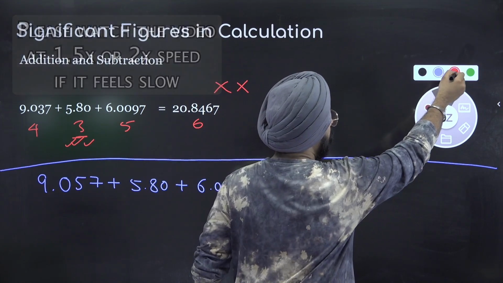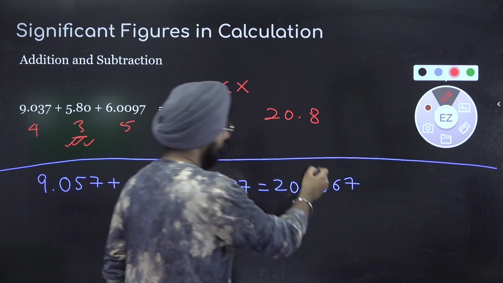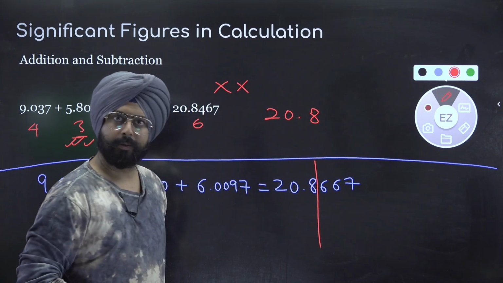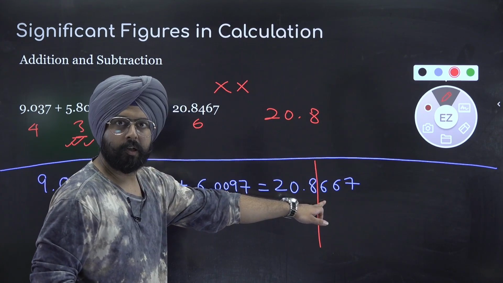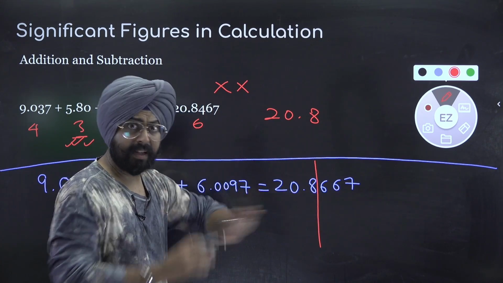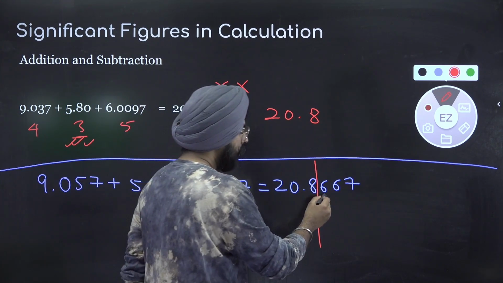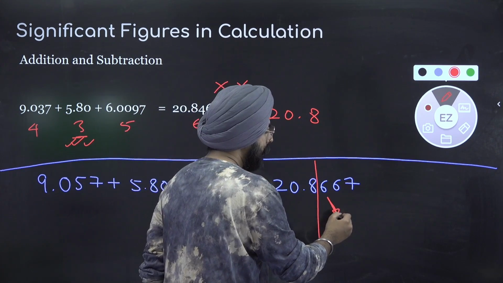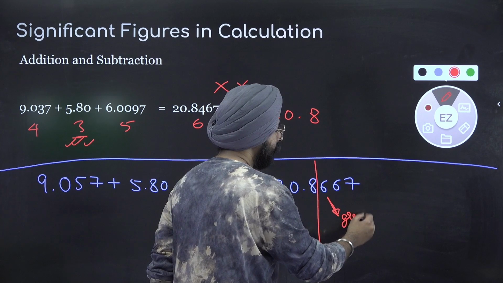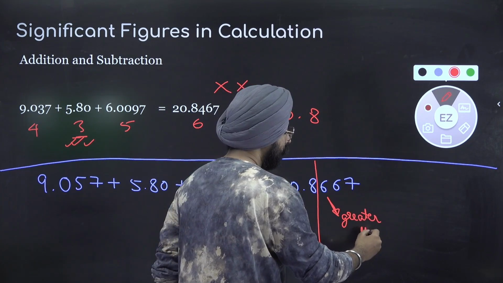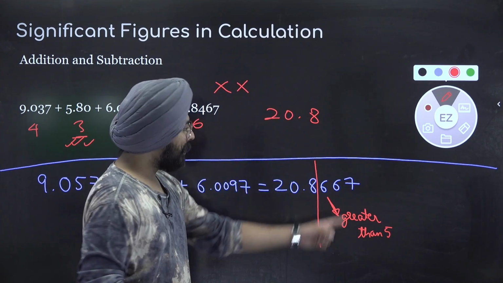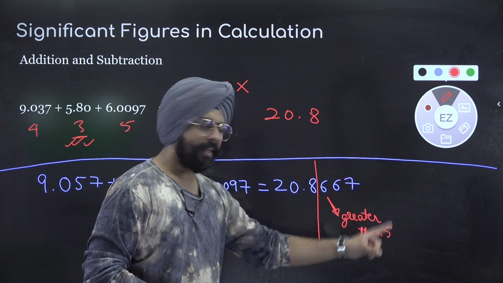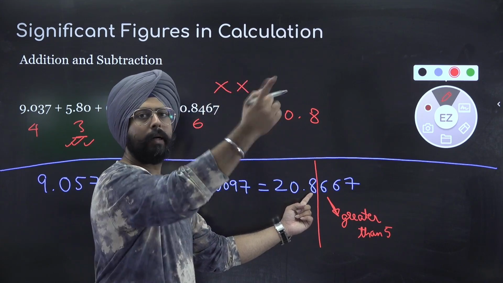See, I have to round it off at this particular point. Now the next number, that we will not write now. Can you see that this number over here is greater than 5? If this number is greater than 5, then you increase this number by 1.